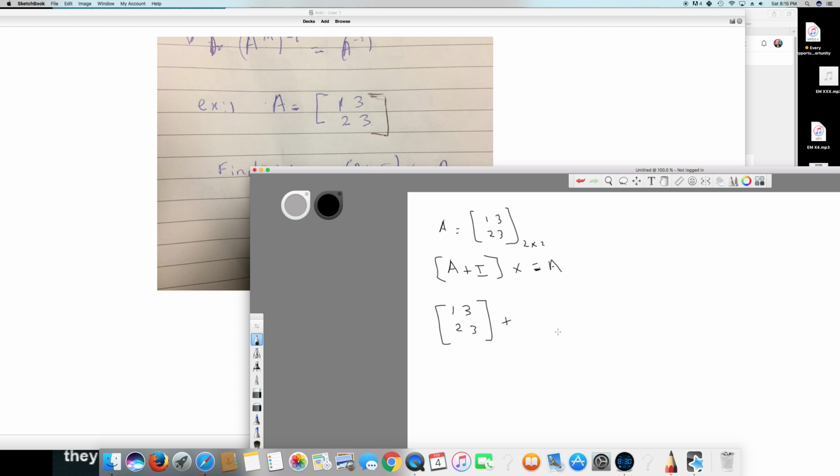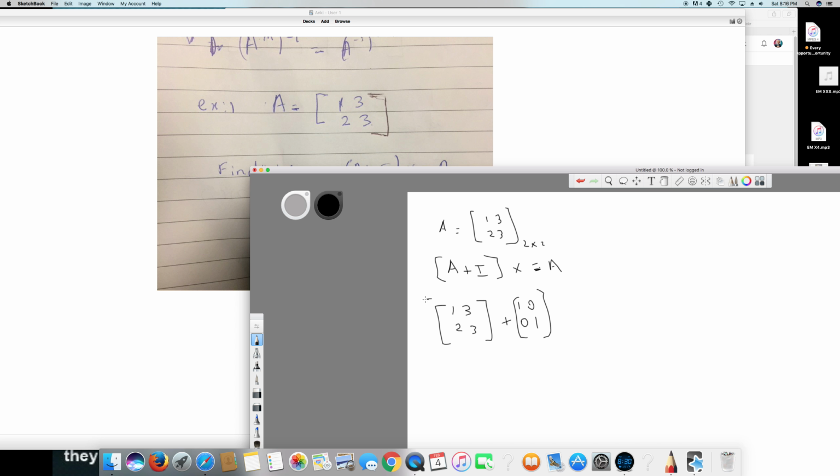If it's 2 by 2, similar to Gauss Jordan, it's 1 0 0 1. If it's 3 by 3, it's going to be 1 0 0 0 1 0 0 0 1.